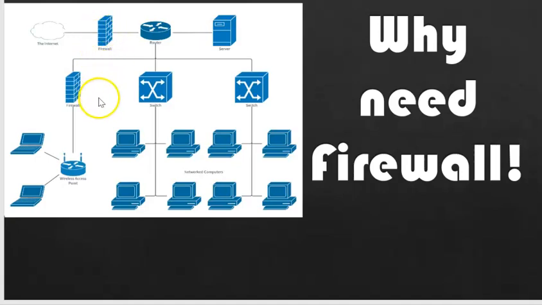So in this deployment, the firewall is acting as a wall between the internet and the organization's campus network. But there can be different types of deployment, and the placement of the firewall can vary in any organization. The firewall can be within the data center, where the server farms and hosting services are.